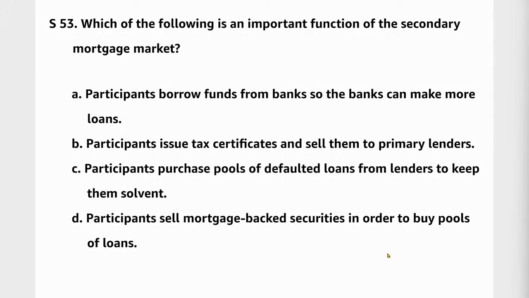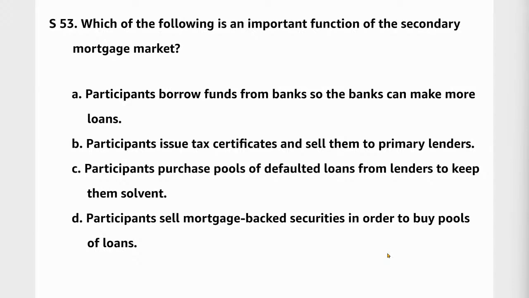Secondary market organizations buy pools of mortgages from primary lenders, the lenders that we go and borrow loans from to purchase a home. That's the primary lender, the lender we interact with, that our borrower interacts with. The secondary market, we don't deal with those lenders. Lenders deal with the secondary market.